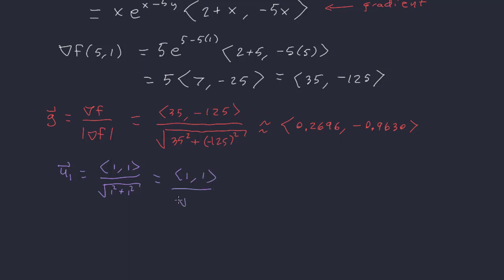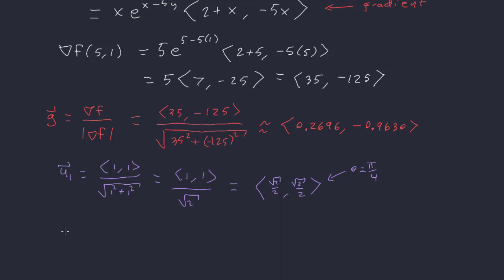So that is 1, 1 over the square root of 2, which if you rationalize this, is the vector square root of 2 over 2, comma, square root of 2 over 2. This actually corresponds with a 45-degree angle, or pi over 4 radians.